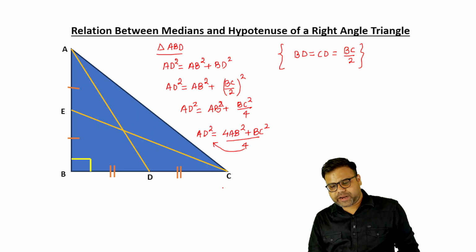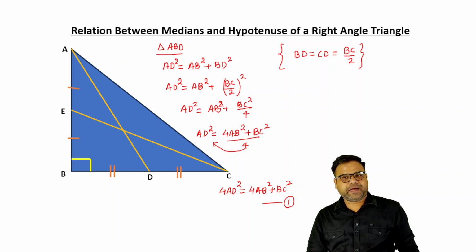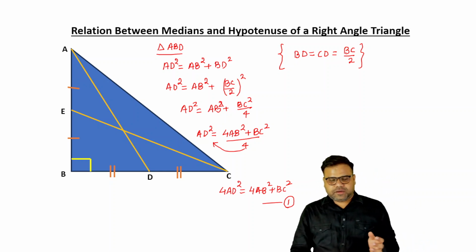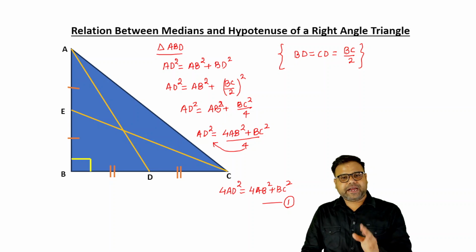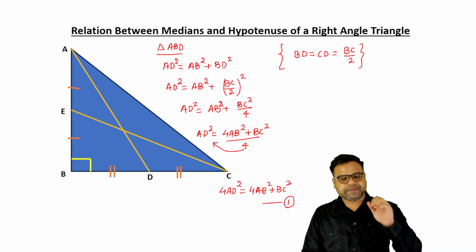So you will get 4 times AD square is equal to 4 times AB square plus BC square. This is my equation number 1. So I applied Pythagoras theorem in triangle ABD and got a relation between AD, AB and BC, which is 4 times AD square is equal to 4 times AB square plus BC square.